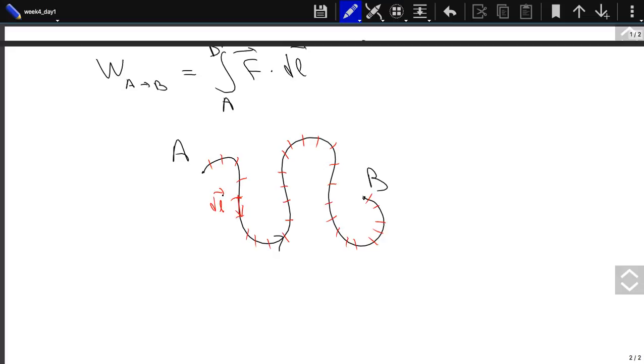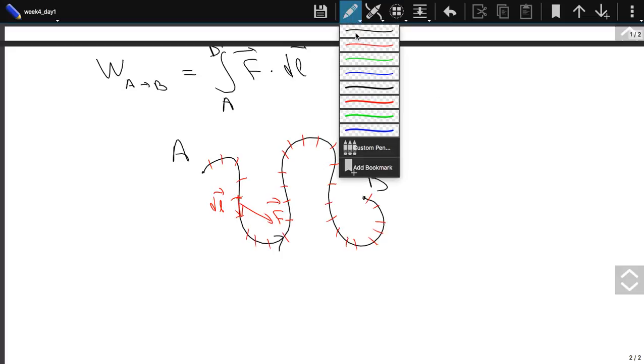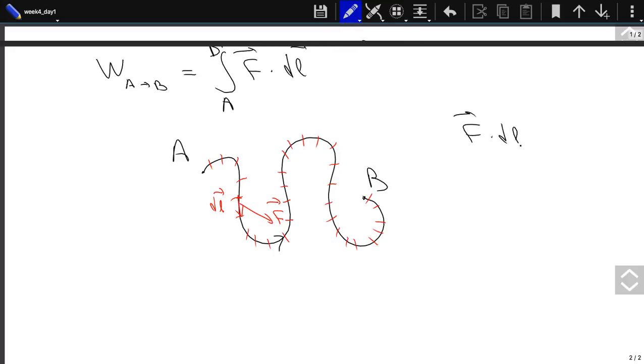And at that point, there is a force acting on my object, and the force can be, let's say, in this direction. And the work done in this segment by this force F is defined as F dot dl. I have these two vectors. I just take their scalar product. And this is the work done only in this segment. I just sum all of them. And that gives me the total work. This is how we define the work done by a force.